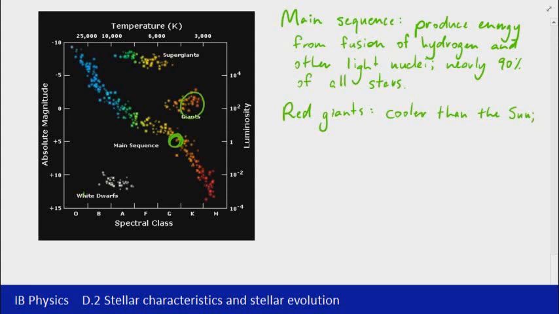So generally speaking, these stars in the red giants are going to be cooler than the sun. They are much more luminous though. So we can see that they're higher on the graph, so they're much more luminous. And that then means that we can tell that red giants must be larger than the sun. Hence the name giants.